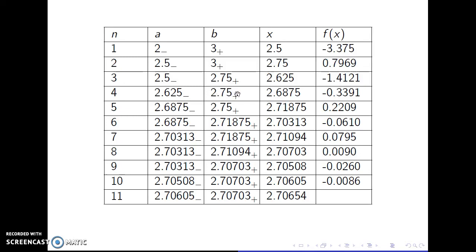So the next approximation is (2.625 + 2.75)/2, that is x4, the fourth approximation. Now we have continued this up to x11. N is nothing but the number of approximations, so this we have performed by using table format.